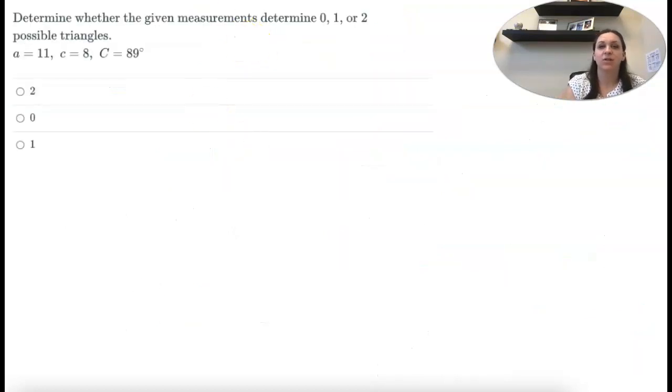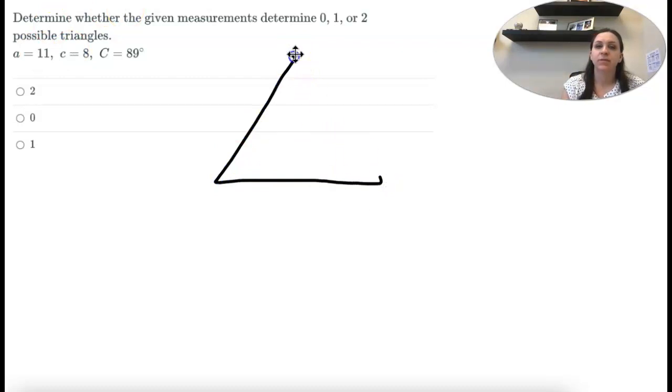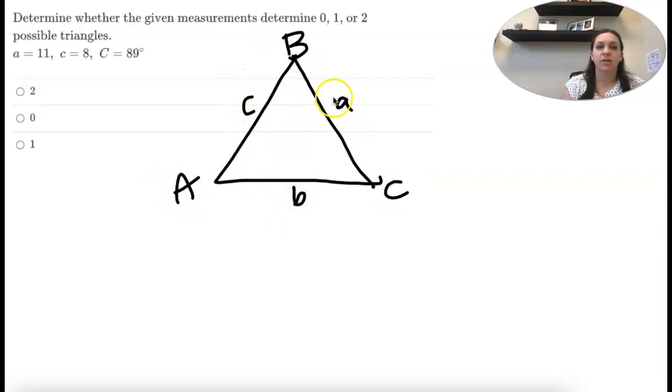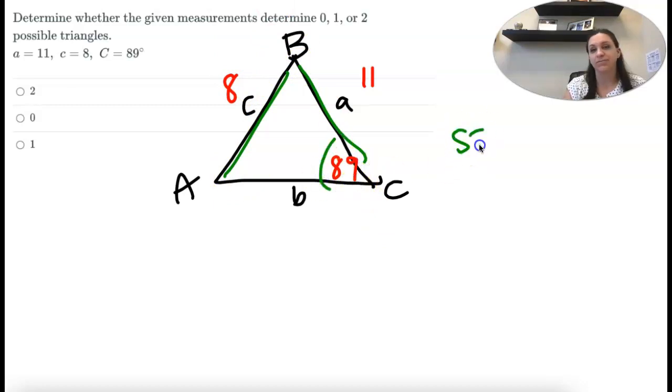Okay, let's do this one. This is just saying determine how many possible triangles. So, ABC, we know 11, 8, 89, side, angle.